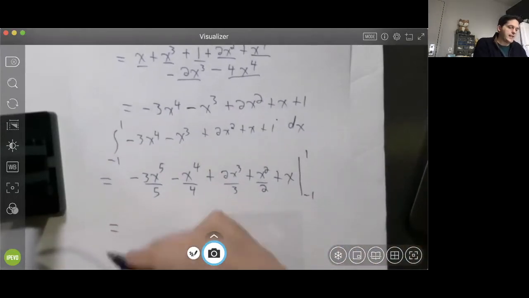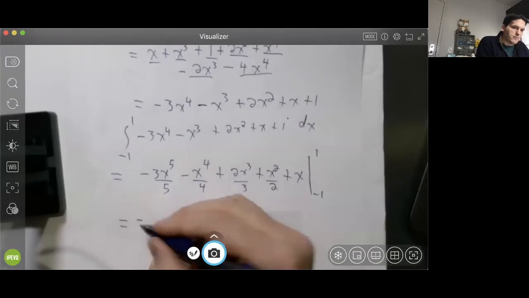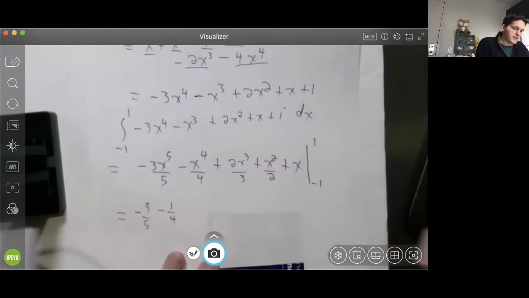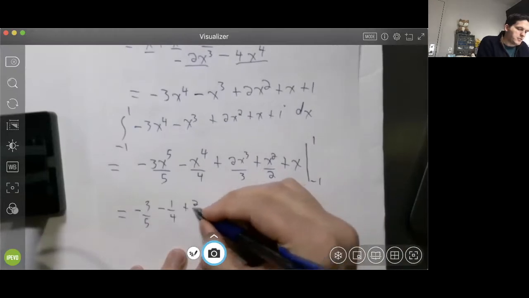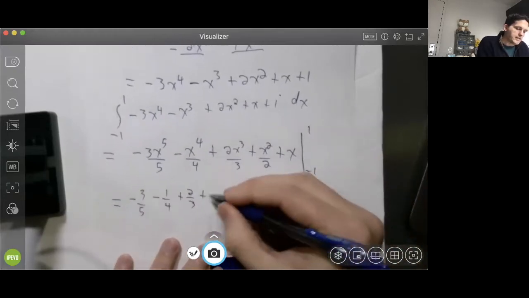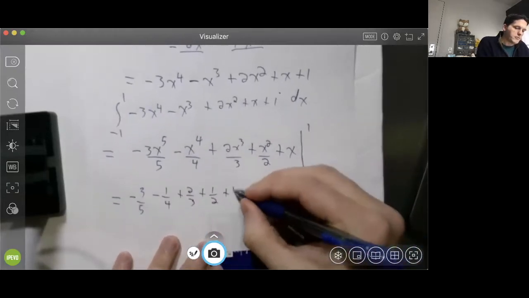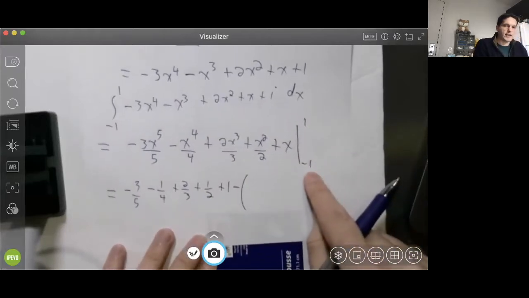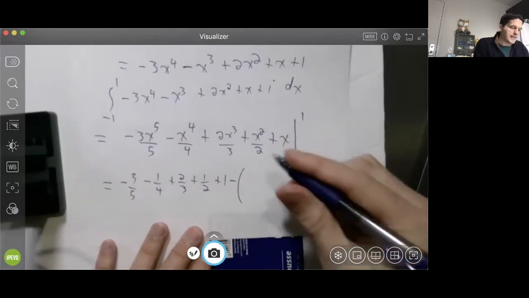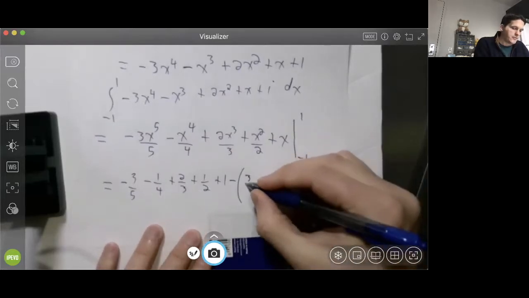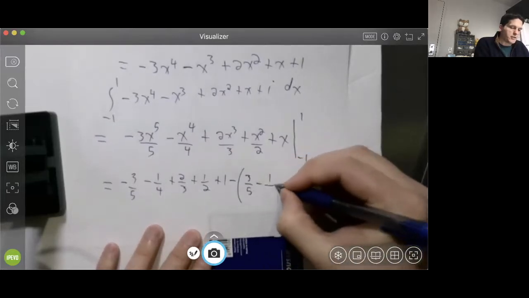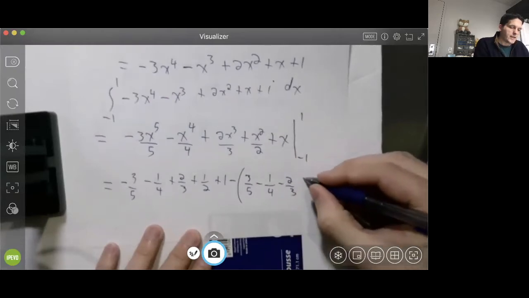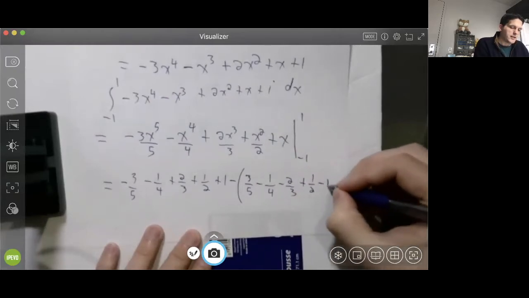And what we get is going to be minus 3/5 minus 1/4 plus 2/3 plus 1/2 plus 1 minus, now we plug in minus 1 for x, so that gives us 3 over 5 minus 1 over 4 minus 2 over 3 plus 1 over 2 minus 1.